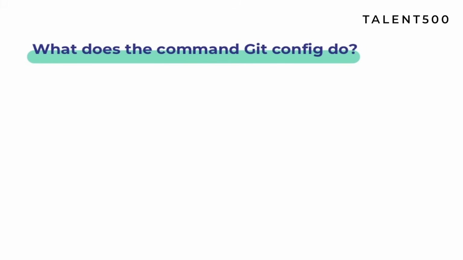Now the next question which we have here is, what does the command git config do? When we are working on Git, we are going to have certain repositories. And what does repository mean? In that repository, we are going to be putting all our code.